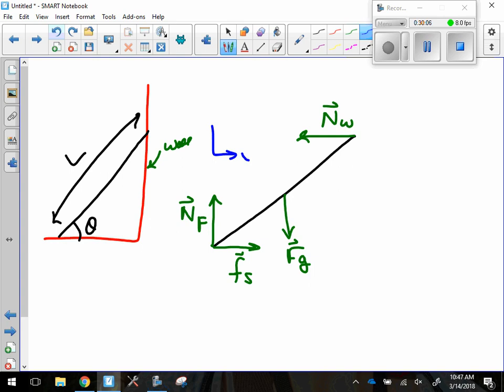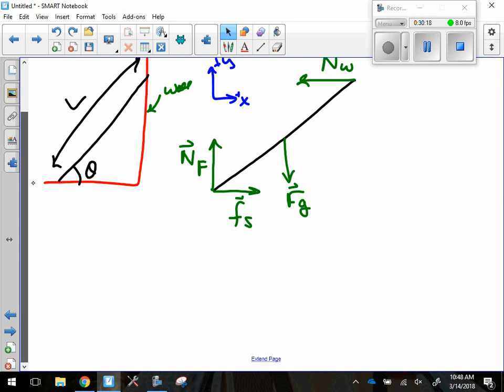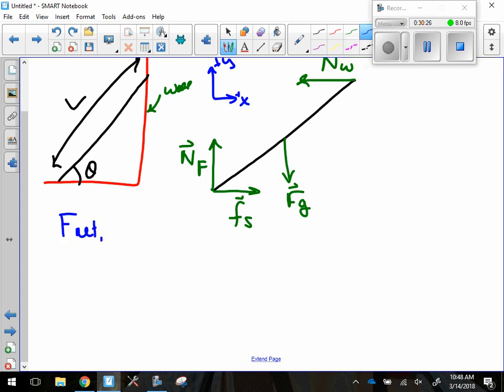Axes. So again, we're just going to give standard axes because everything's going to go to 0 anyway. It's kind of arbitrary. And now what do I do? F net equals ma. All right. We're going to have to do x and y, so I'm just going to start with x.